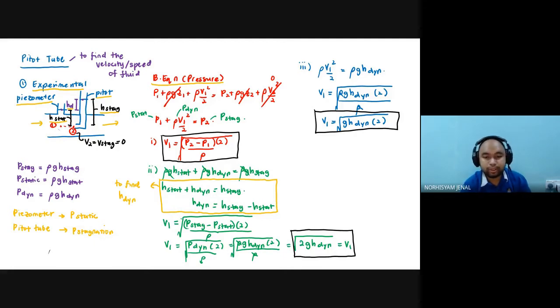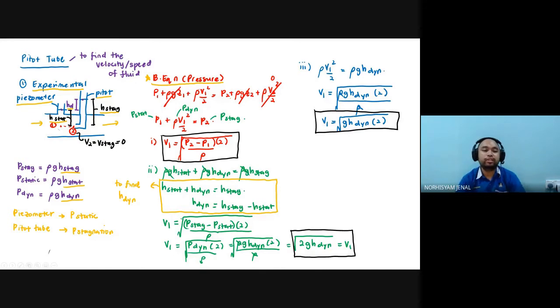Okay, that comes from this equation here, which is P stagnation is equal to rho g H stagnation. P static is equal to rho g H static. P dynamic is equal to rho g H dynamic. Right, and based on that, we go for our Bernoulli equation over here in terms of pressure. And we cancel out things that we can cancel out from here. Okay, remember guys, whatever that I cancel out right now is not going to be the ultimate cancellation. Why? Because at this moment, Z1 and Z2 is the same elevation. We have to cancel out Z1 and Z2.